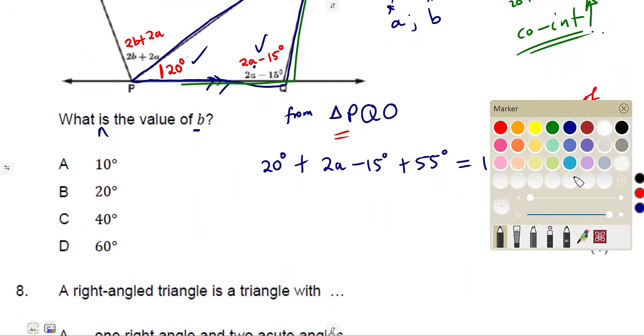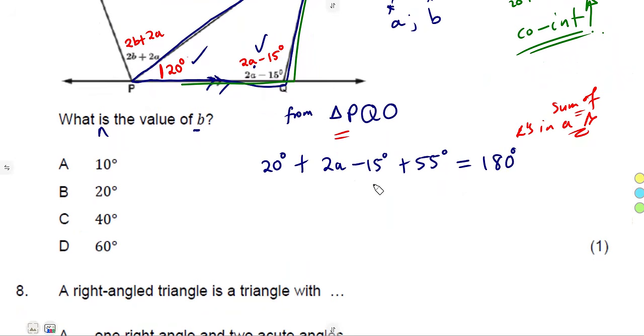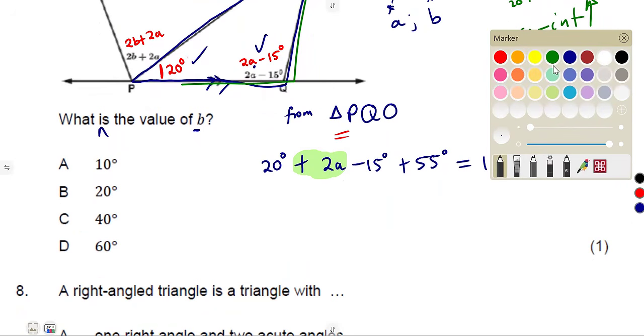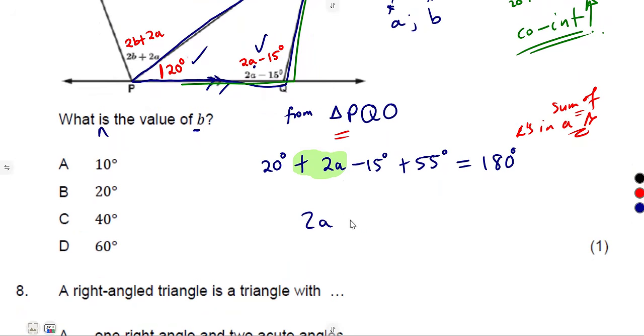Let us consider our like terms. The like term is just 2A here. Let us add all the constants that you are given: 20 degrees plus 55, which is 75. Then we subtract 15. That was going to give us 60.